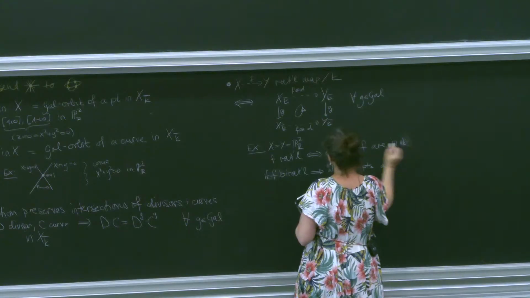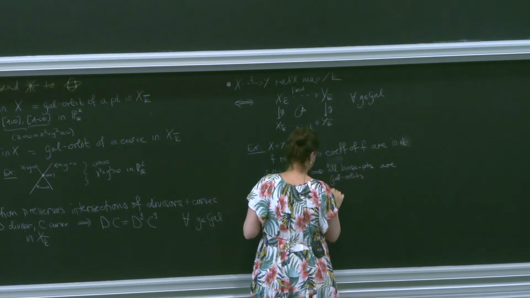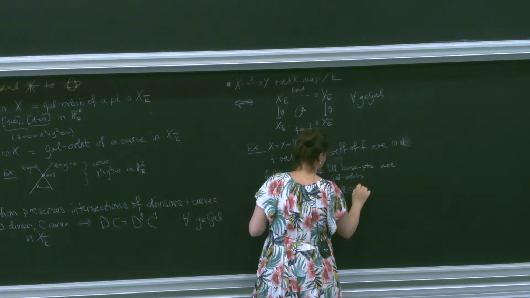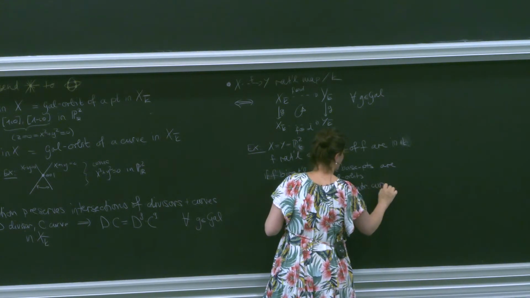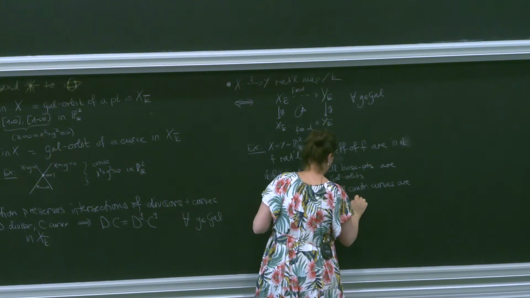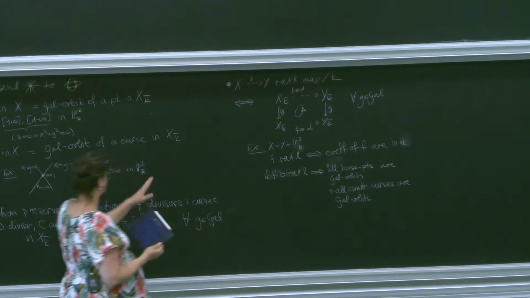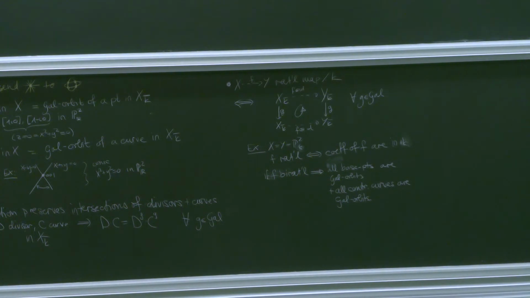We say here k, here k as well, and then plus all contracted curves are Galois orbits. So this is what I used secretly to say that this is not defined over R.